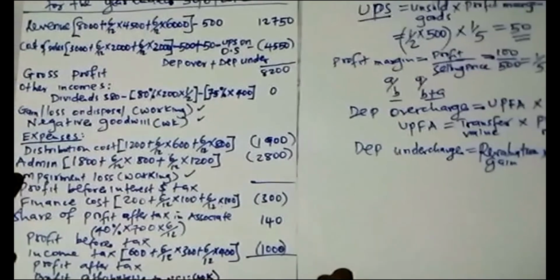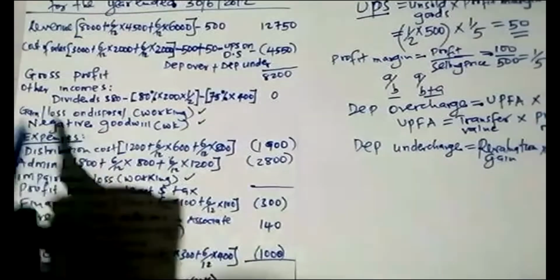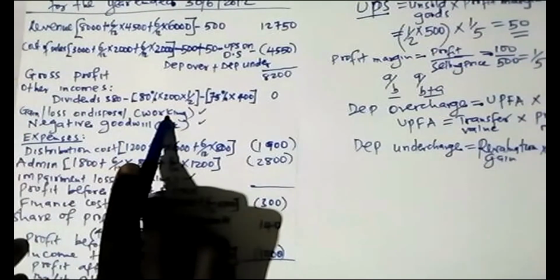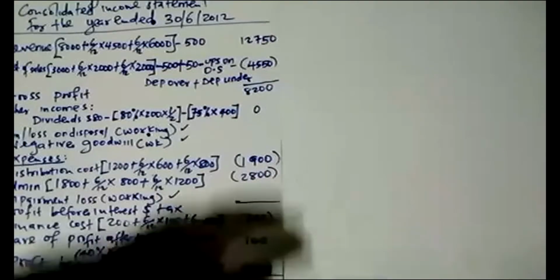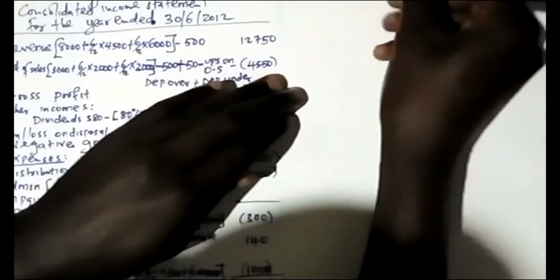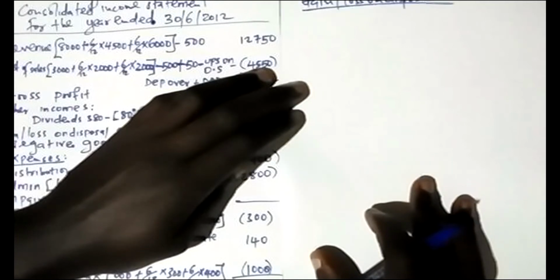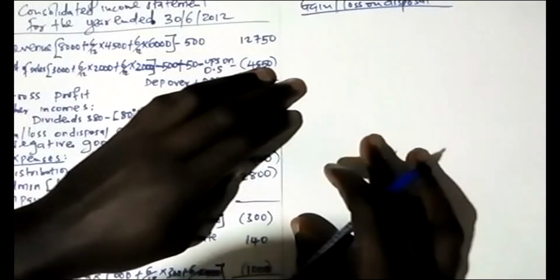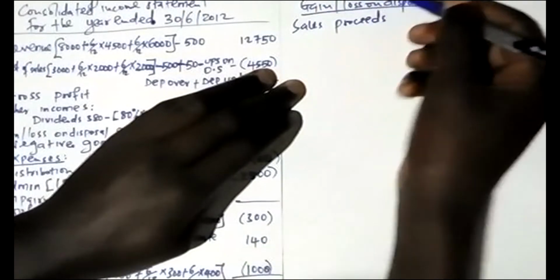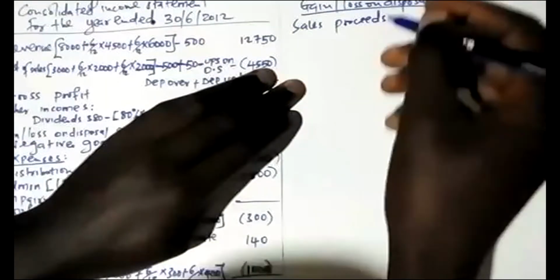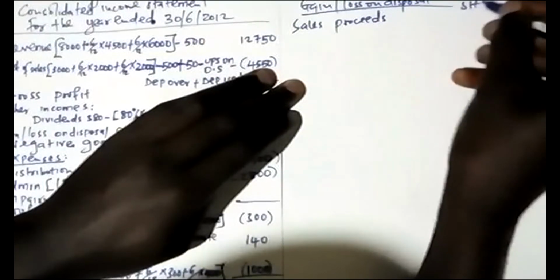So let us start with the first working, for the gain or loss on disposal. So let us do another working here, gain or loss on disposal. So we start from sales proceeds. So for the sales proceeds, this one will be determined here.